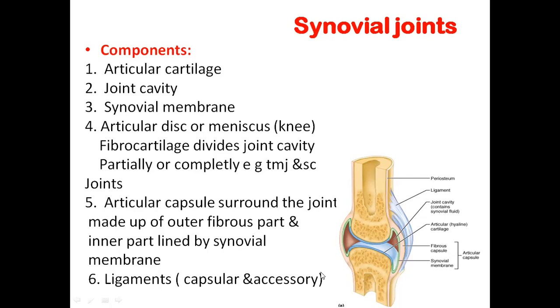Another structure in the joint is the ligaments. Ligaments are of two types. Accessory ligaments attach the bones with each other at some parts of the bones and give stability to the joint.